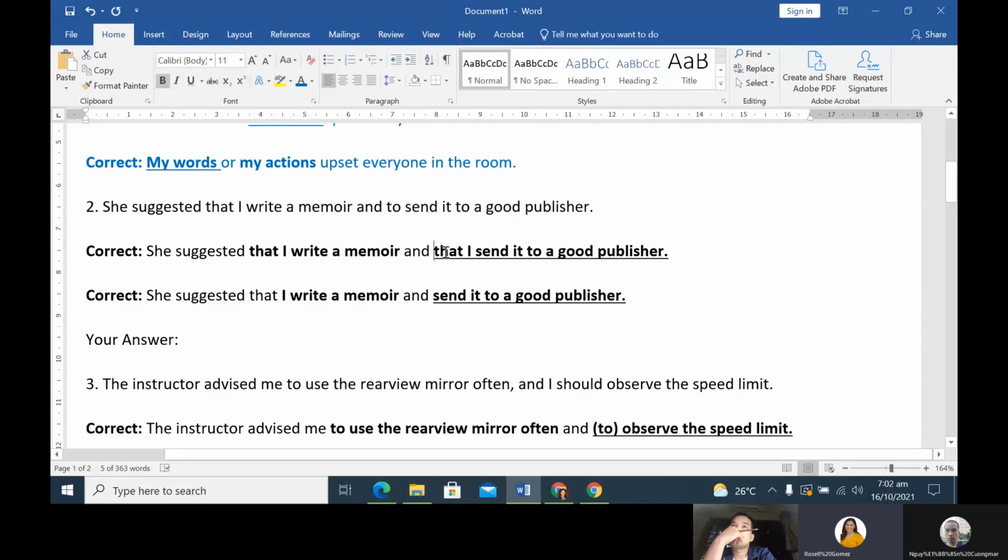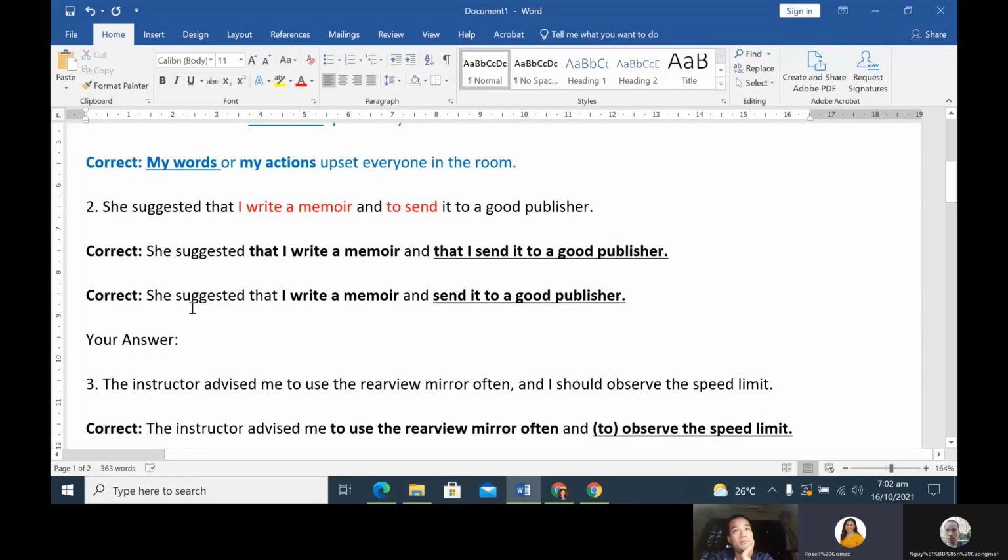That I send it to the good publisher. Not like here. I write, right? And then look at this one. What happened? It suddenly shifted. They do not agree with each other. They are not using the same construction or format.